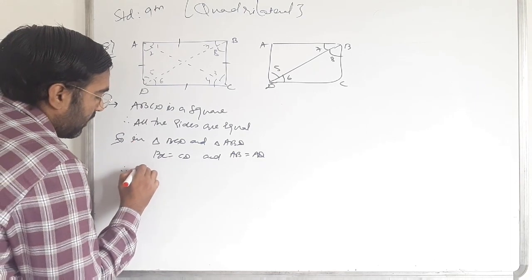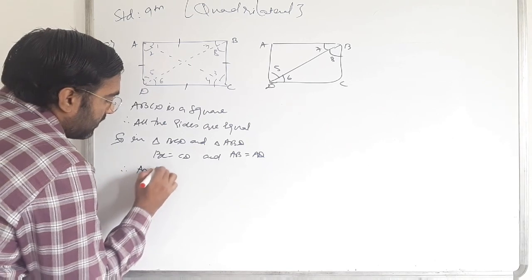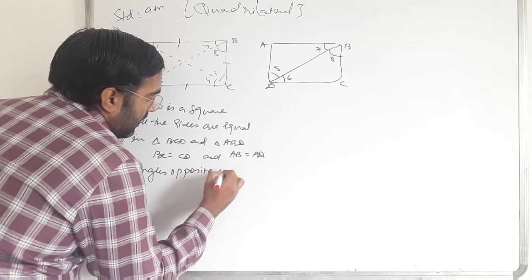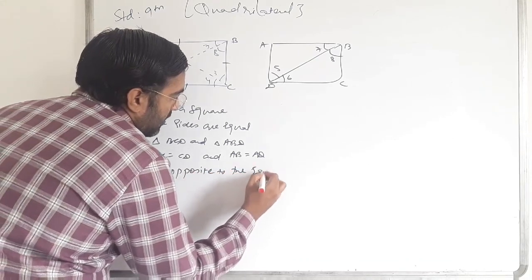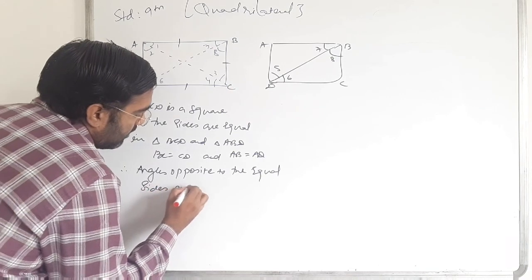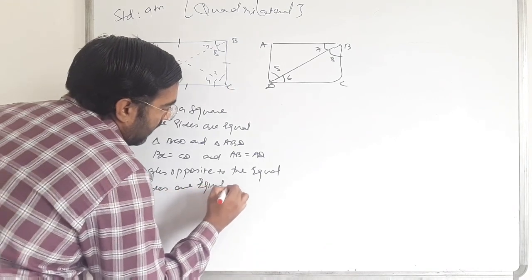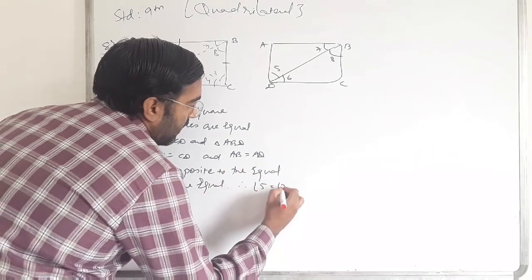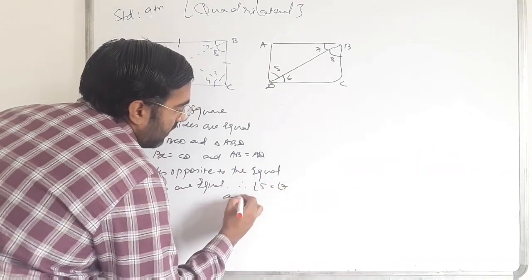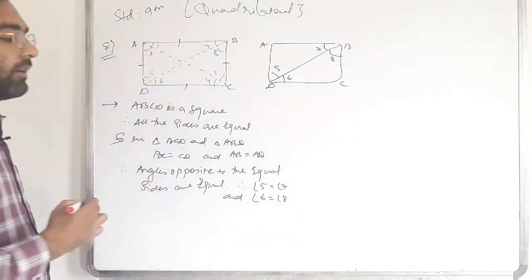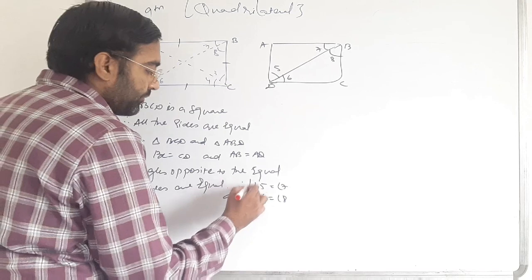Therefore, angles opposite to the equal sides are equal. Therefore, we take angle 5 equal to angle 7 and angle 6 equal to angle 8. Clear that?